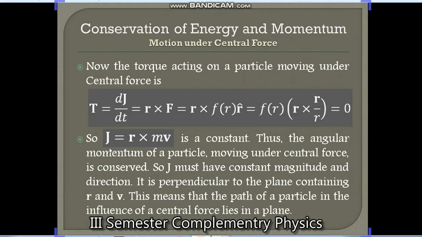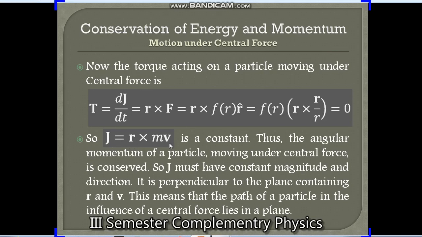Angular momentum conserved means angular momentum J is a vector quantity, so it is a constant, meaning it should have a constant magnitude and direction. Angular momentum is perpendicular to both the position vector r of the particle measured from the center of the force and the velocity of the particle. So as J is perpendicular to both r and v, and J cannot change its direction, we can say that r and v should be kept in the same plane, so that J is always perpendicular to the plane containing vectors r and v.